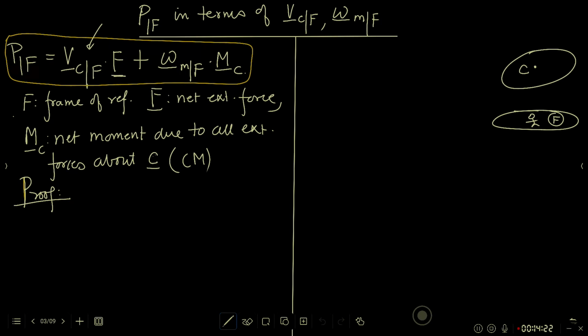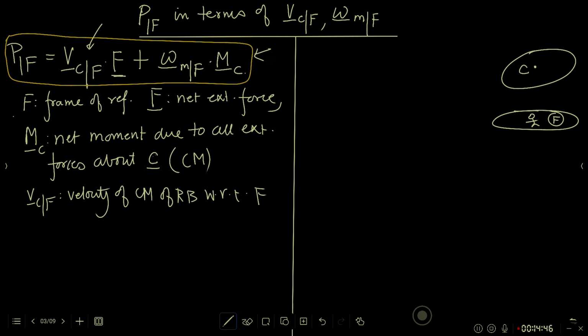Now in this equation that I want to prove, VCF is the velocity of the center of mass, Cm of Rb, with respect to F. And then F appears here with a vector or with an underline. What does this mean? This means the net external force on the Rb.